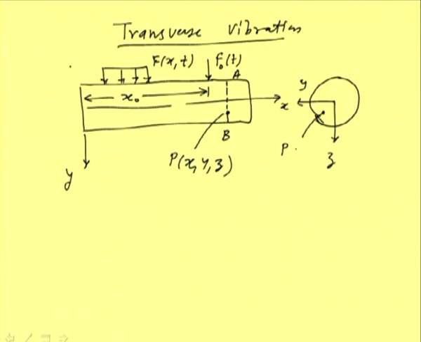Now let us draw another diagram in which we want to show the elastic line of the shaft in the bend configuration. So this is the elastic line of the shaft which is bent.